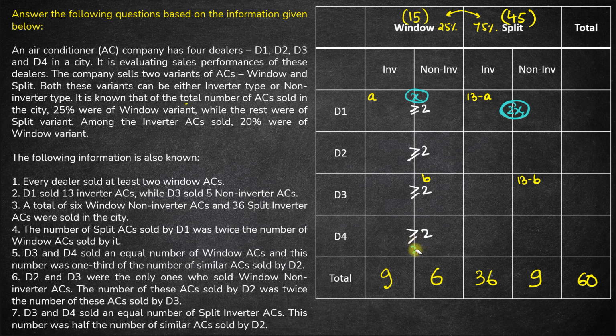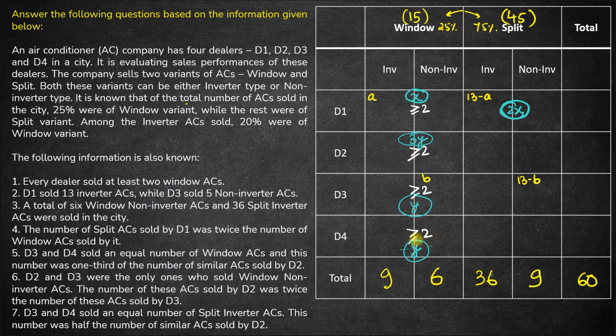If this is Y, both these blocks together will also be Y, and this is 1/3 the number of similar ACs sold by D2. Similar ACs sold by D2 will be window ACs. So Y is 1/3 of D2, so D2 should be 3 times Y. Okay.